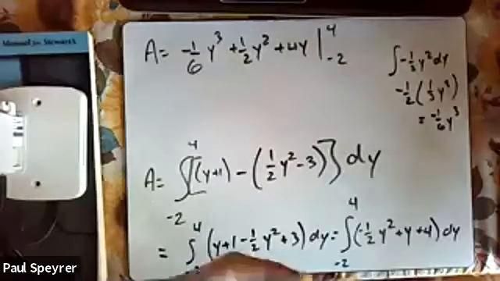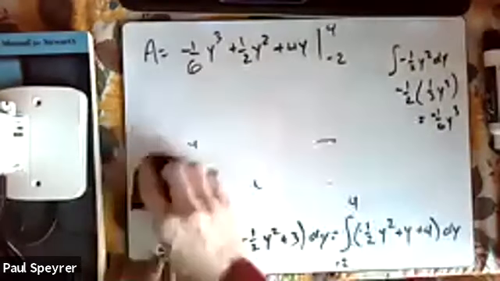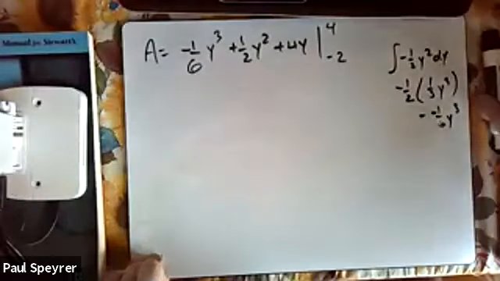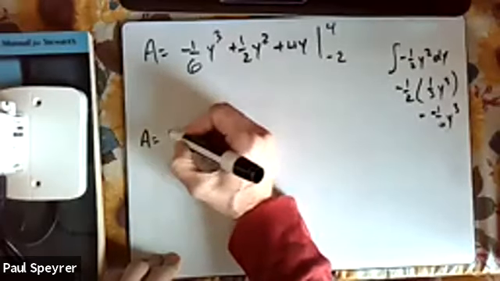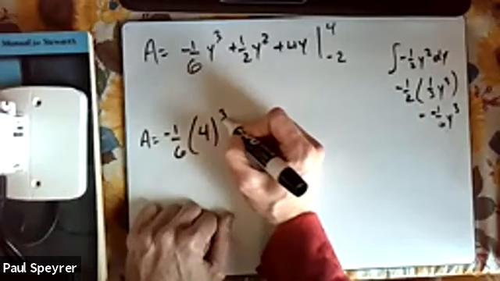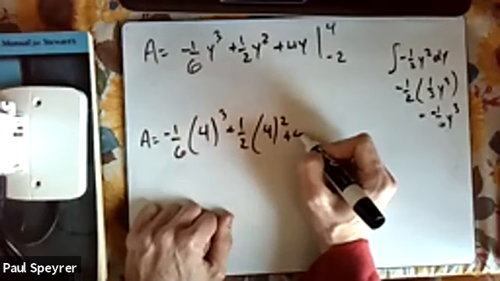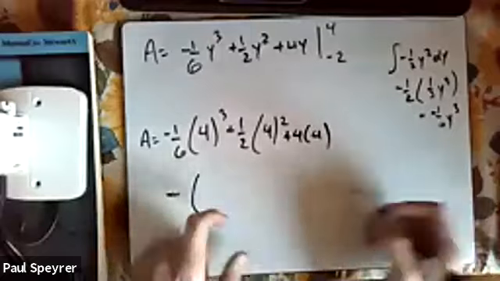Now we're going to plug in these limits, right? So we have the upper one. Again, watch the signs. This is negative 1/6, and this is 4 cubed plus 1/2 4 squared plus 4 times 4 minus the bottom limits, negative 1/6.